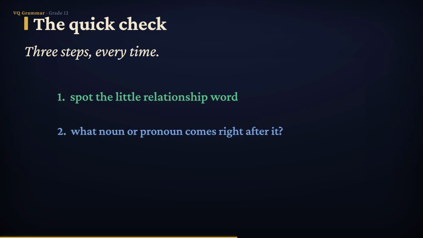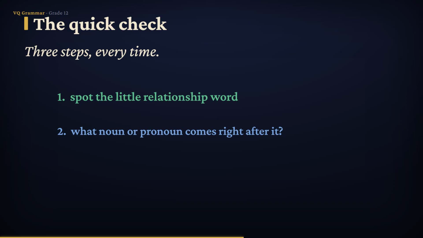Let's turn the whole lesson into a check you can run in about 2 seconds. Step 1. Spot the little relationship word, something like beside, within, or according to. Step 2. Ask what noun or pronoun comes right after it, because that word is the object of the preposition.